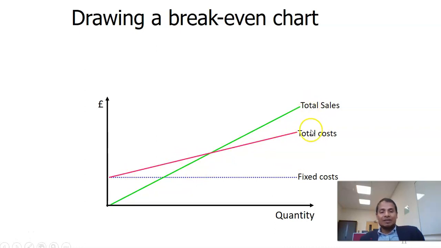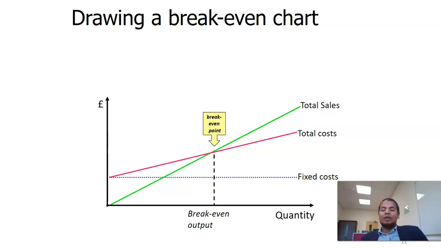So total sales and total cost, where these curves intersect each other, this is what is the break-even point. Where total sales and total cost intersect each other. If you draw a line from the break-even point downwards to the quantity axis, you'll see the break-even level in quantity.